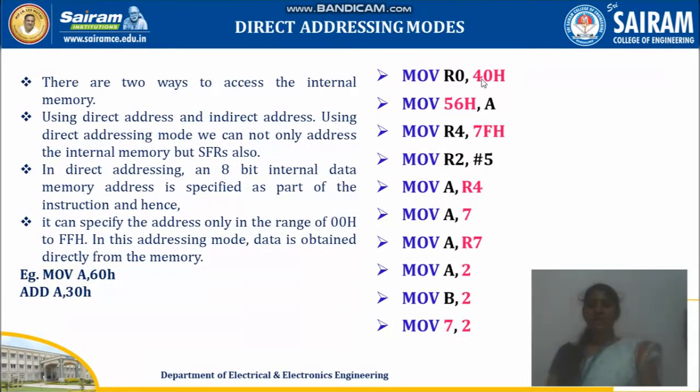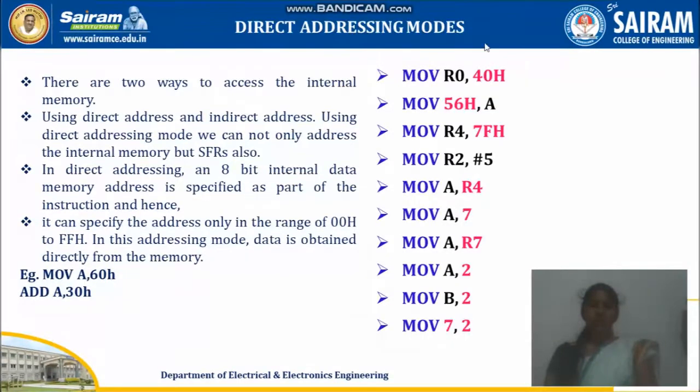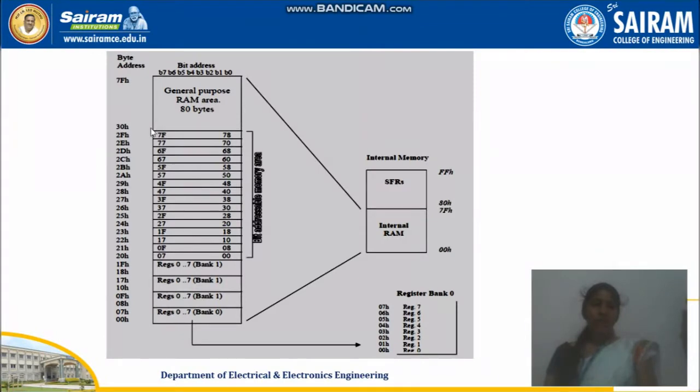This address refers to the general purpose internal RAM, with bank 0, bank 1, bank 2, bank 3 and so on. For the first instruction, MOV R0, 40H, 40H is the address. 40H falls between 30H and 7FH, so it falls under this 80 bytes of data.